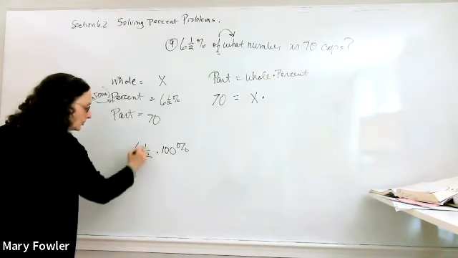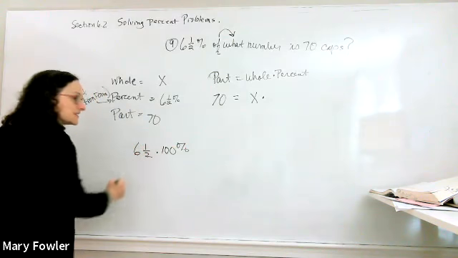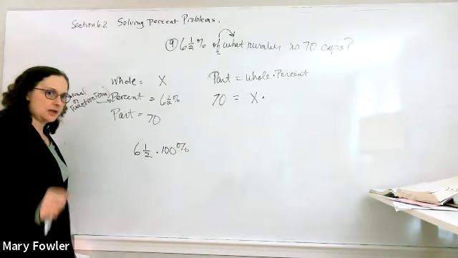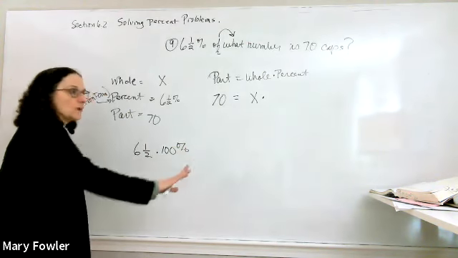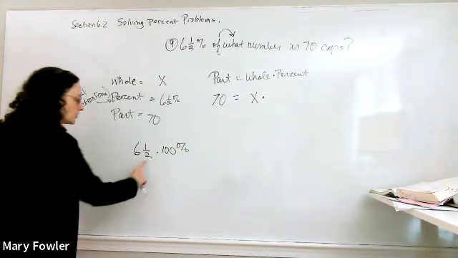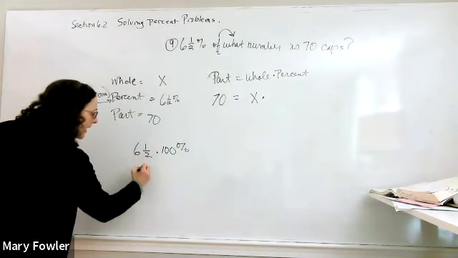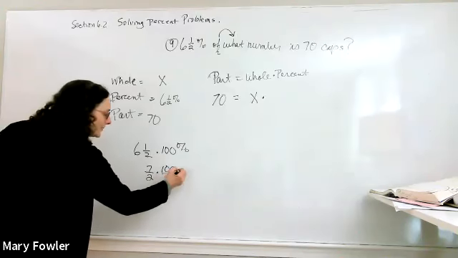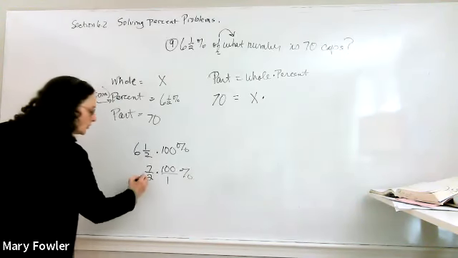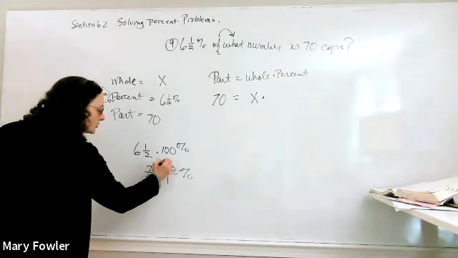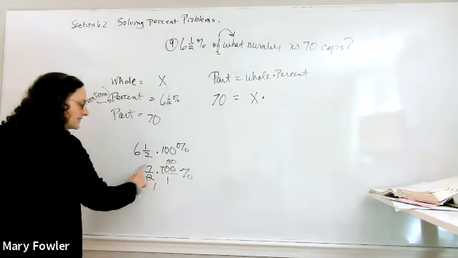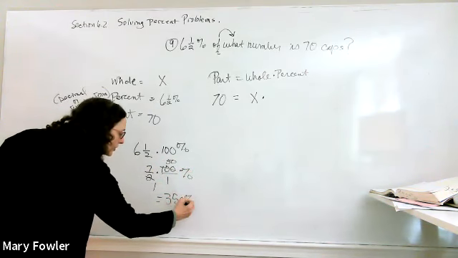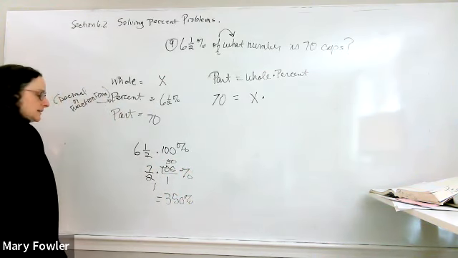Each of these numbers needs to transition into an improper fraction, so then we can multiply across and we'll have our answer. So this is 6.5 is 7/2. 100 is 100/1%. 2 goes into 2 once, 2 goes into 150. And I have 7 times 50%, 350%.